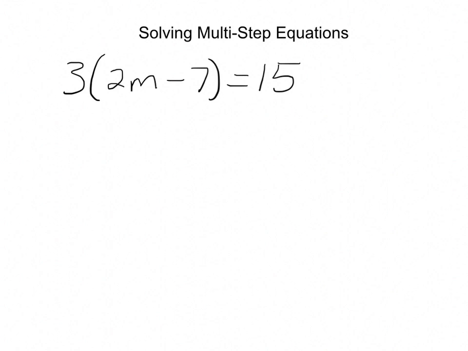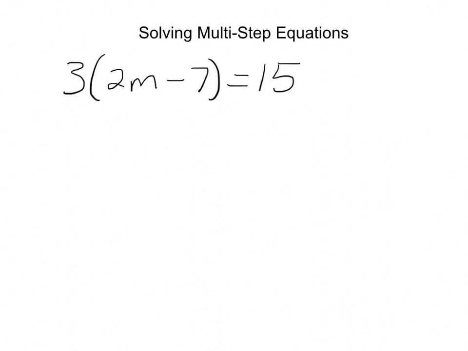Okay. Now, if we'll recall from previous lessons, when we are given a distributive property problem, the basic idea of the distributive property is that you take whatever value you have on the outside of the parentheses and you multiply it by everything on the inside of the parentheses.